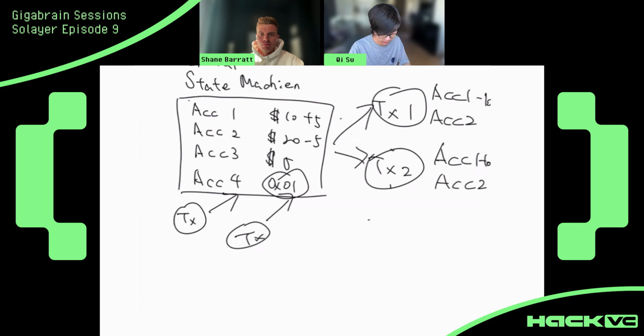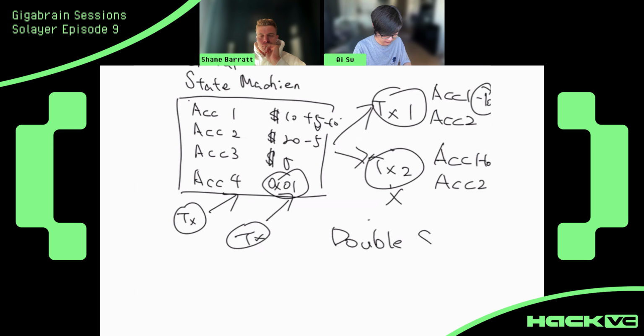If we execute them sequentially, the first transaction will go through, and the balance will be 5, and the second transaction will fail because you want to subtract 10 from 5. So the second transaction will fail. But if you do it in parallel, maybe when you're doing this subtraction, the state is not updated promptly, and you may cause a double spend problem.